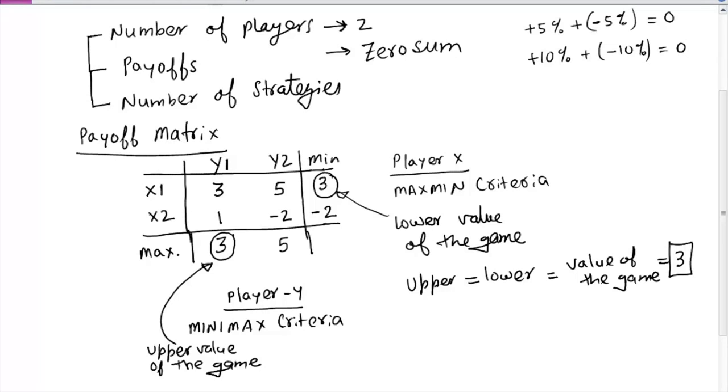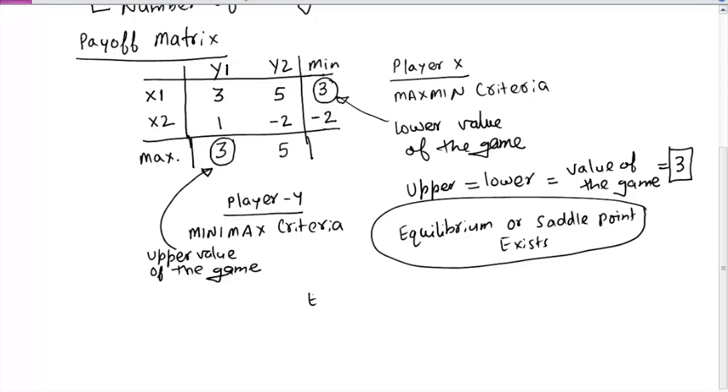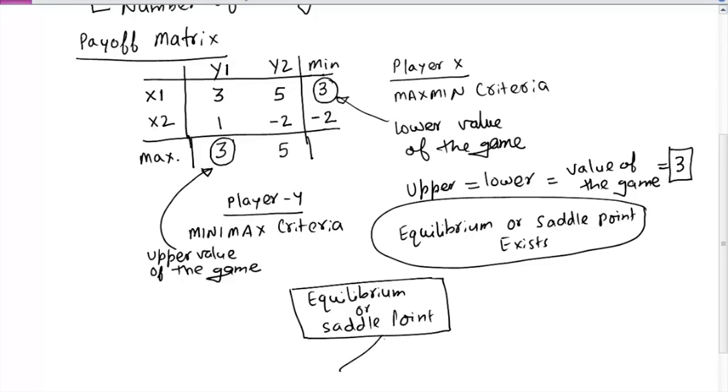So whenever both these numbers are the same, we say that an equilibrium or saddle point exists. So you have two situations. One is this point exists, and the second situation is it does not exist.